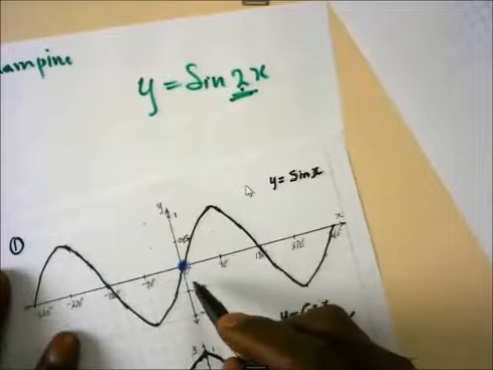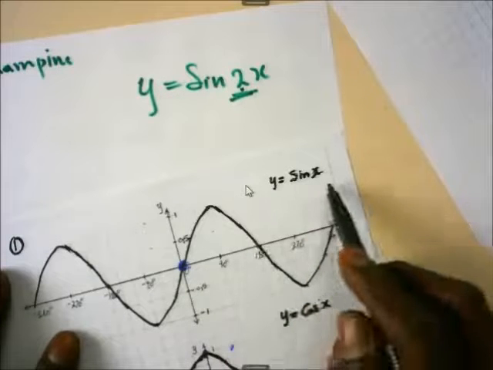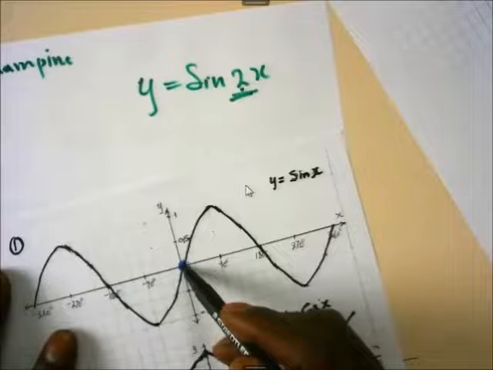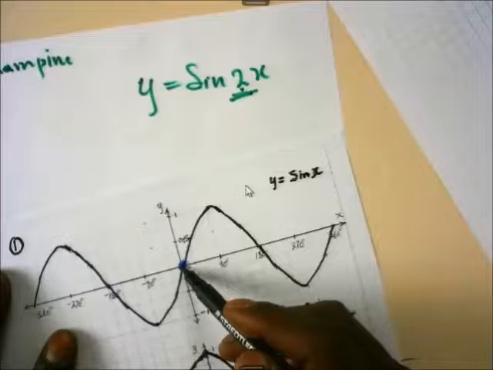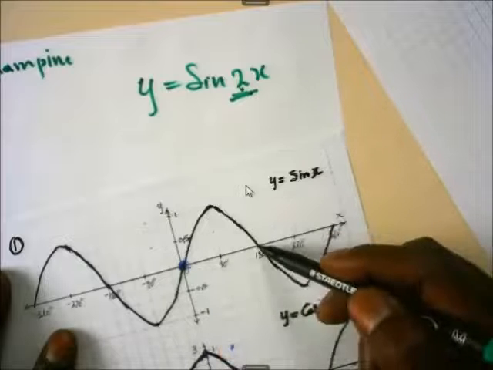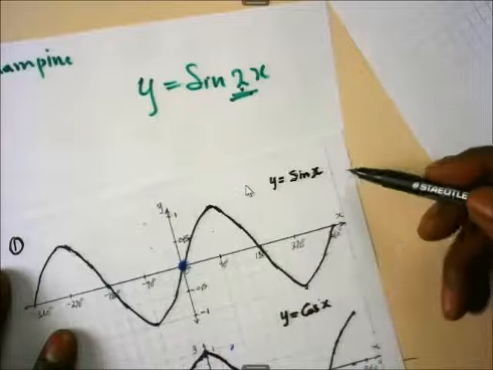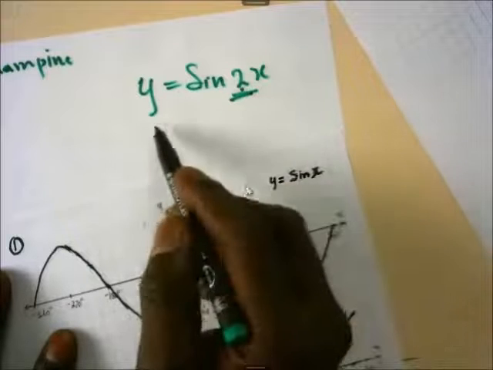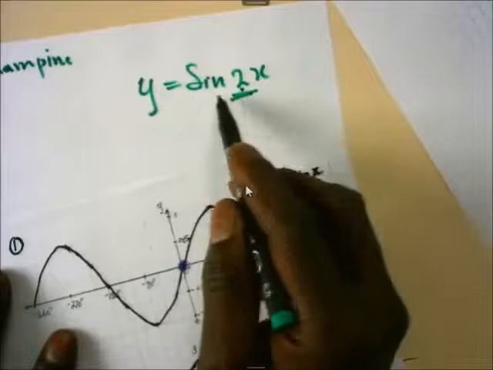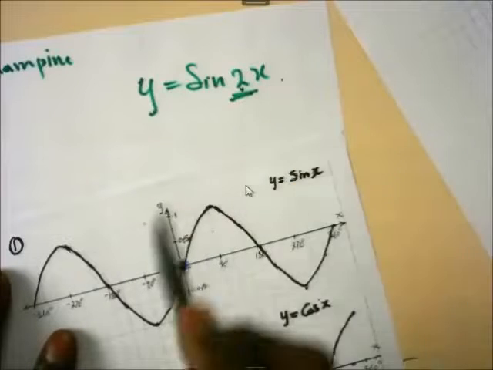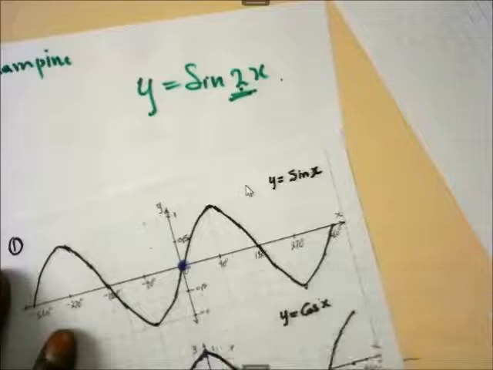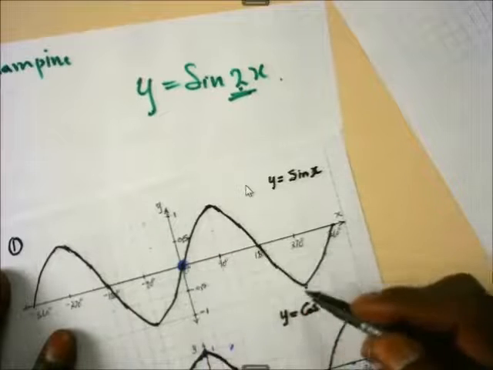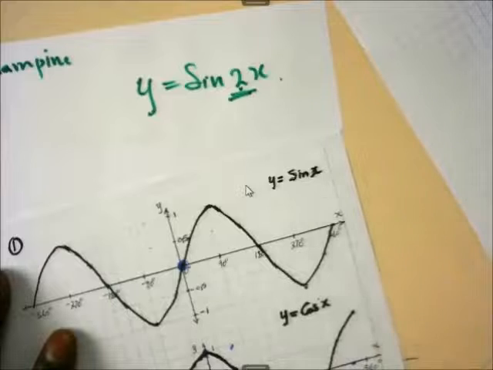Look at our graph of sine, for instance. We have y equal to sine x, and we are able to follow this pattern: the value of y is 0, 1, 0, negative 1, 0, 1, 0, negative 1. In order for us to draw the graph of y is equal to sine 2x, we would like to have the same pattern of 0, 1, 0, negative 1, 0, 1, 0, negative 1.